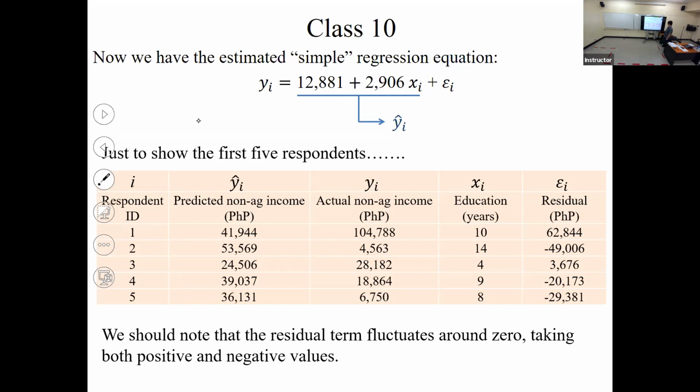So ideally, when you take the sum total of all these values for epsilon, it's supposed to go to 0. That is the ideal situation. So this error term, you want this term to be as random as possible. If it's random, then it will be sometimes positive, sometimes negative. But when you take the total, it's supposed to be almost 0.